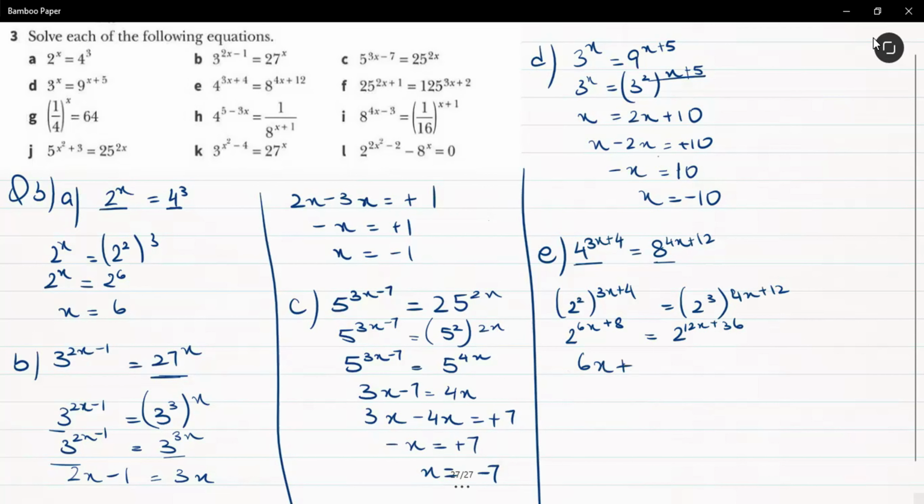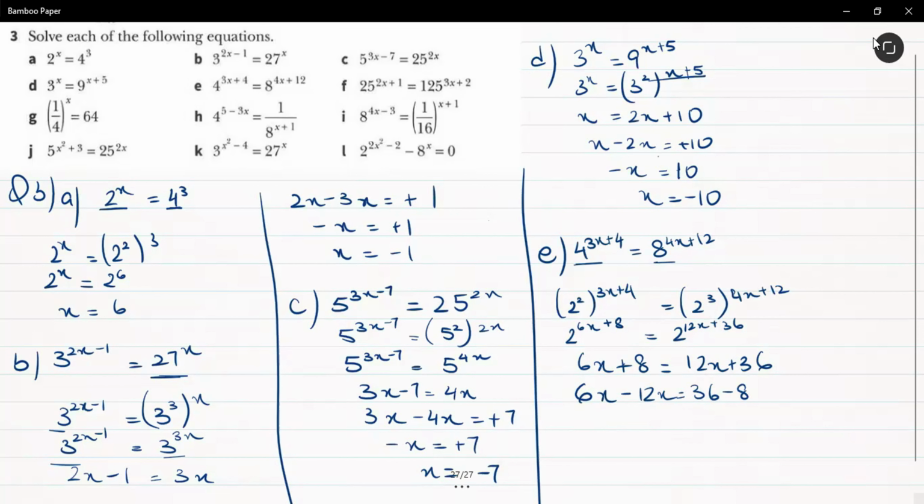So we are going to equate 6x plus 8 is equal to 12x plus 36. So 6x minus 12x is equal to 36 minus 8.